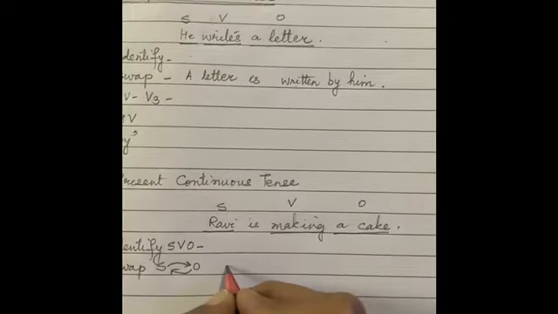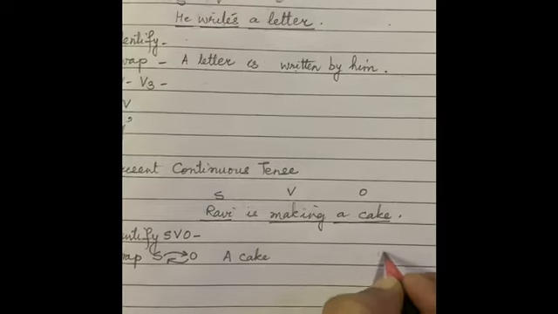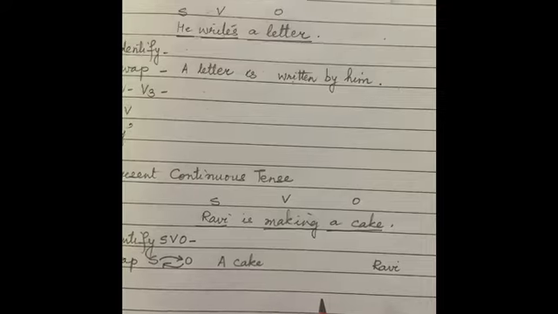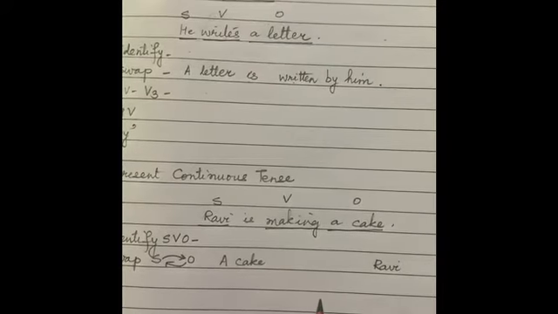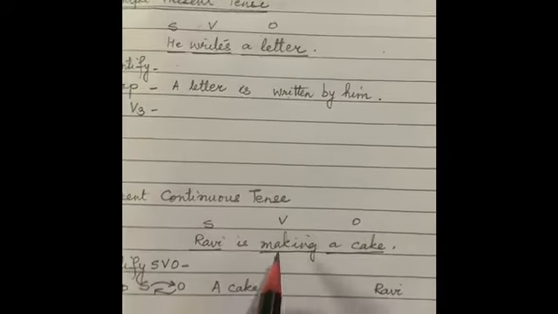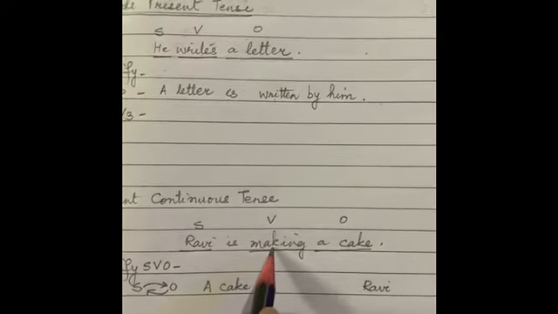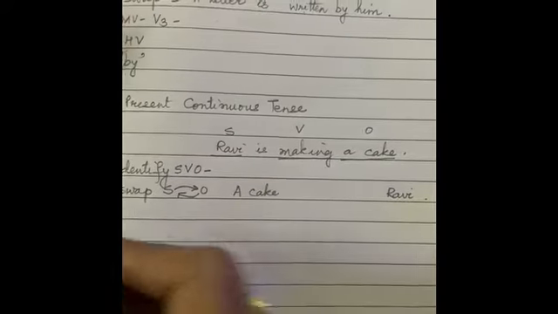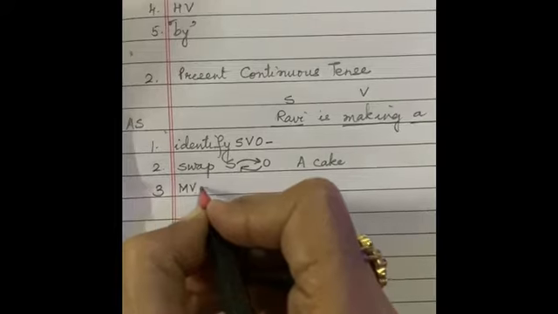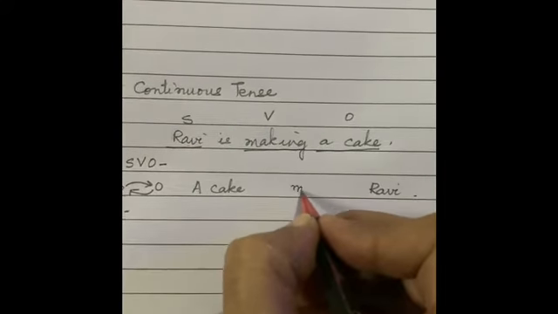A cake will come here and Ravi will be written here, this side. In step 3, we need to convert the verb to its third form. So the third step is to convert the main verb to verb 3 and it is made.